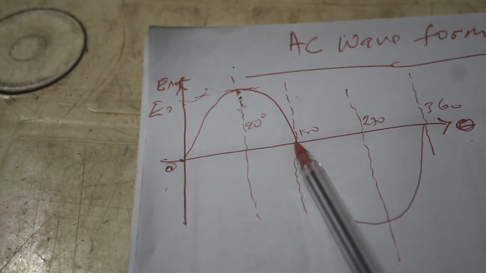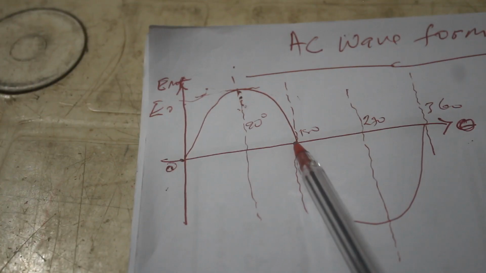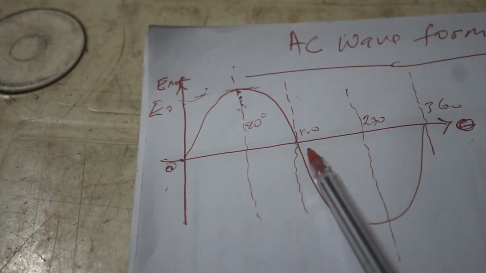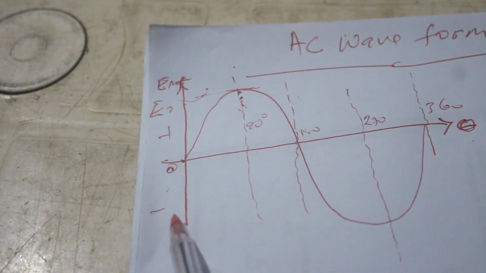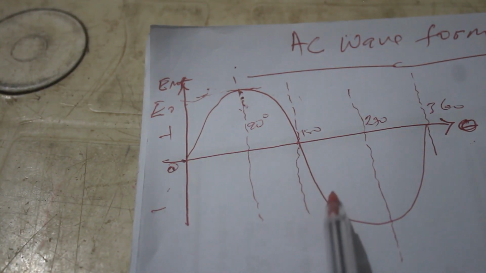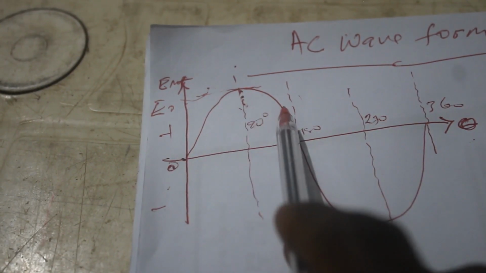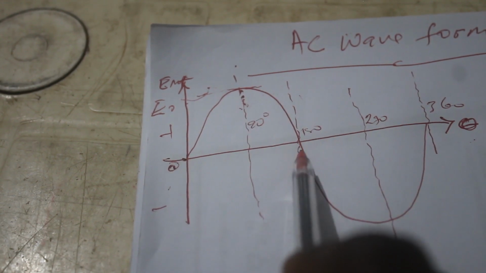Now as you continue to move the phase angle from 180 degrees and beyond, the value begins to increase again, but this time the direction changes. We have positive, negative. The negative sign shows the direction of EMF or the induced current is opposed to what it was from 0 to 180 degrees.